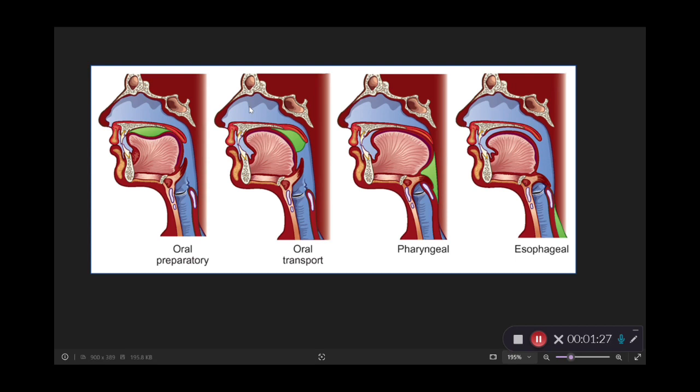So then once the bolus, our mass of food or our liquid, reaches the upper part of our throat, this is what triggers us to want to swallow. The way that it gets pushed back is because the throat bulges forward and it meets our soft palate.